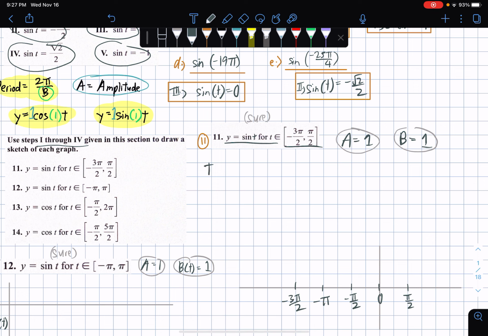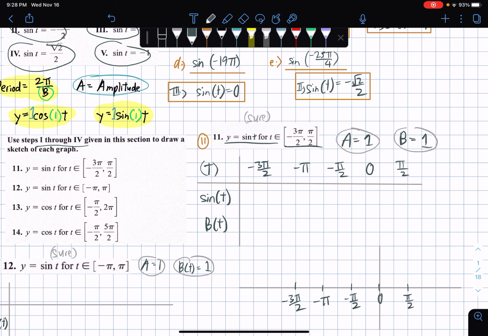Now let's make the table. So given t, the t values will be negative 3 pi over 2, negative pi over 2, 0, and pi over 2. Basically all the elements in this set. And we list here sine t and b times t. We write the graph this way. So all the values here will be derived from putting sine on each of these t values.